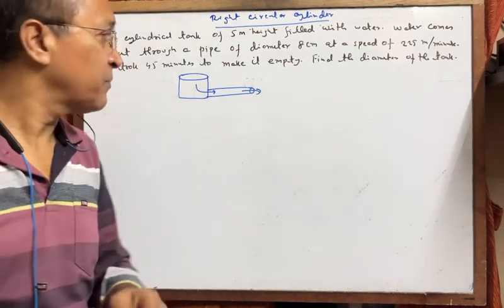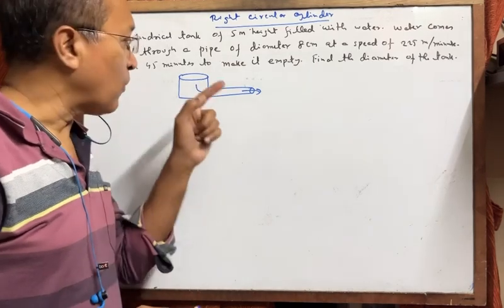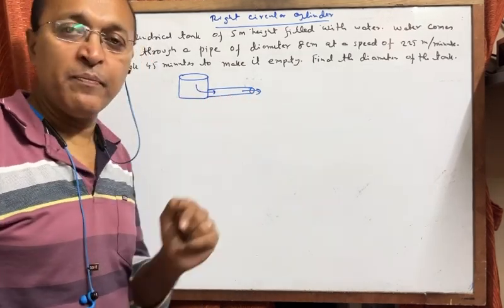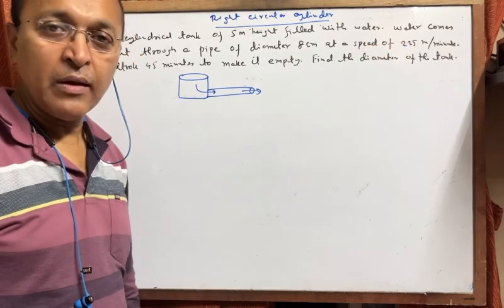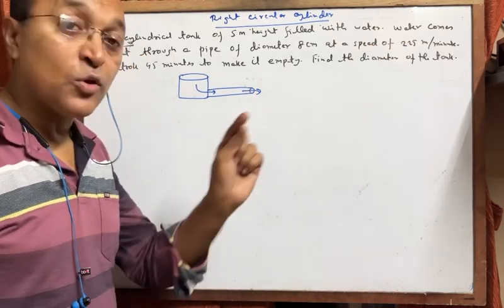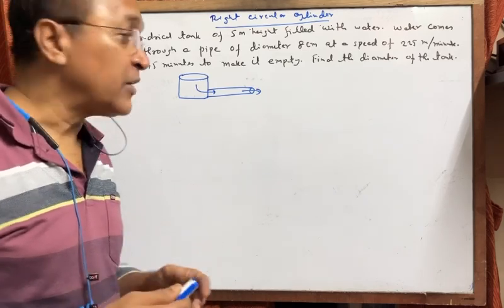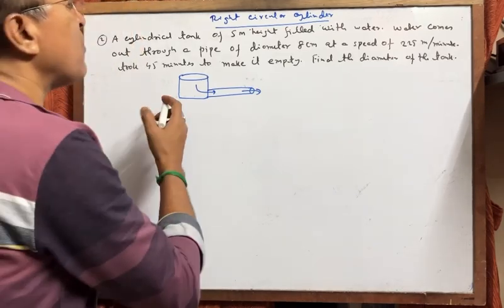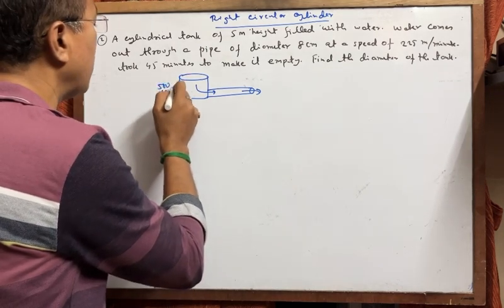Try to understand. Initially the tank was filled up with water, and water comes out through the pipe at a speed of 225 meter per minute, and the diameter of the pipe is also given. So height of the water tank is 5 meter, we can write 500 centimeter.